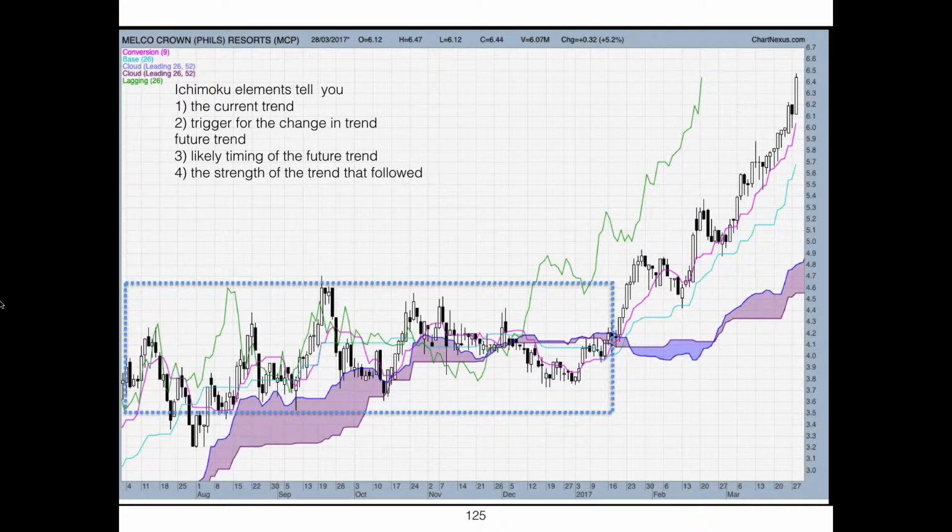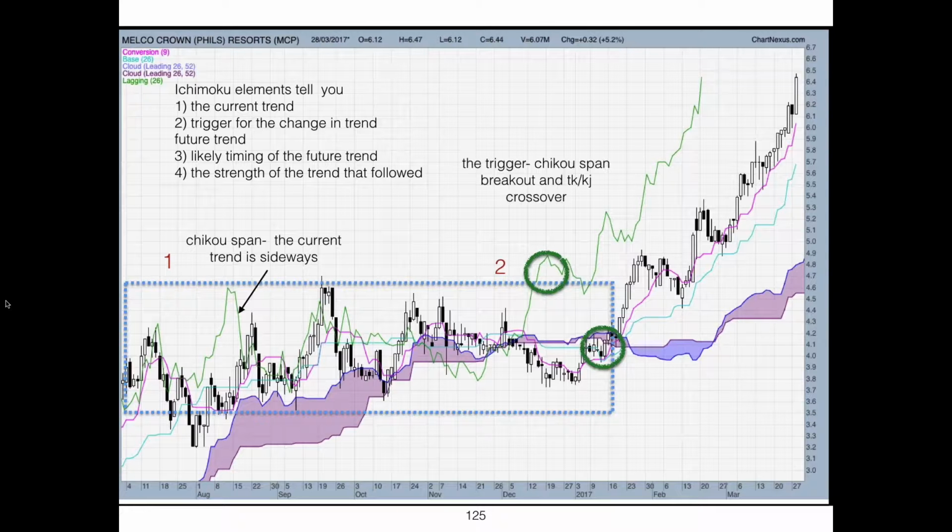The Chikou span breakout and the Tenkan-sen Kijun-sen crossover above the Kumo told you the change in trend. The trigger for the change in trend is a breakout in the TK-KJ crossover.